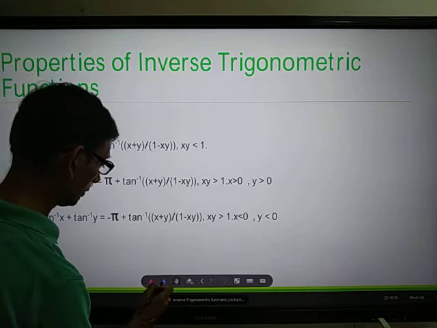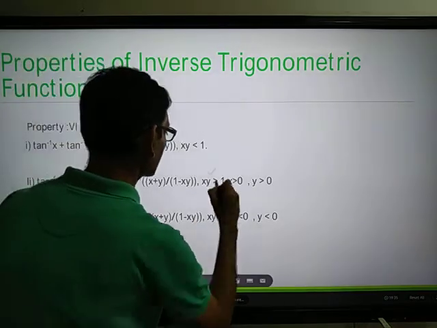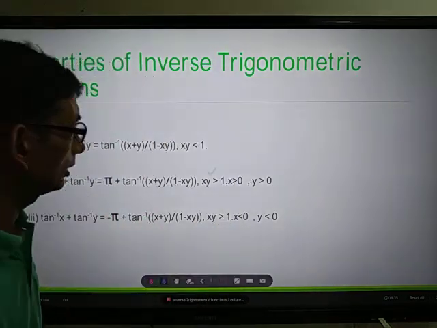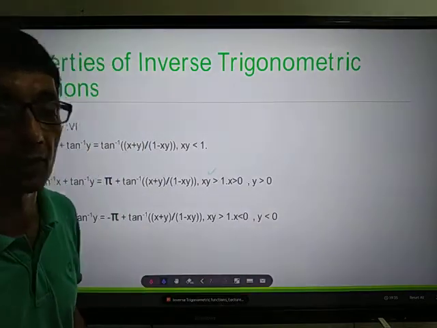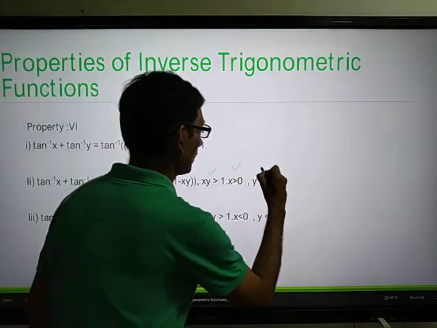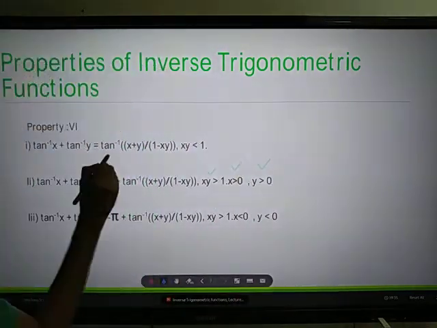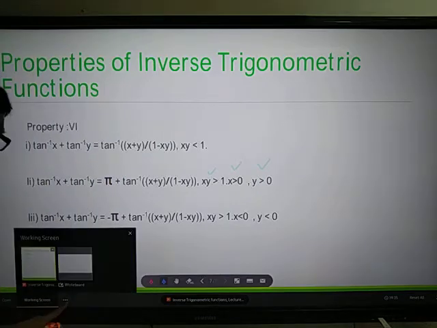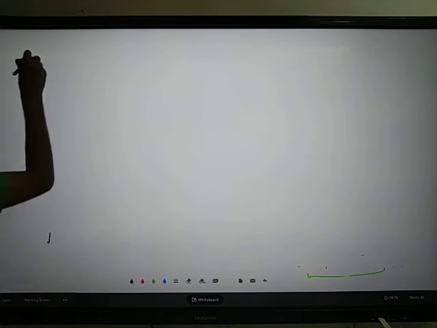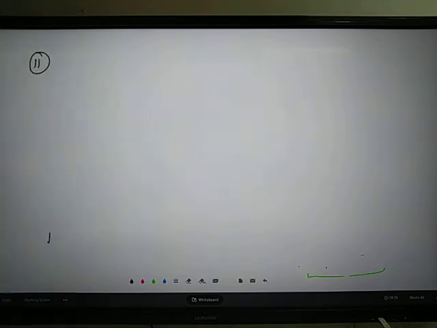Here you have to see this: xy is greater than 1, and of course the x and y values are already given. x should be positive and y should be positive. So we are going to prove this. The second property, what is it? Let me write once more.